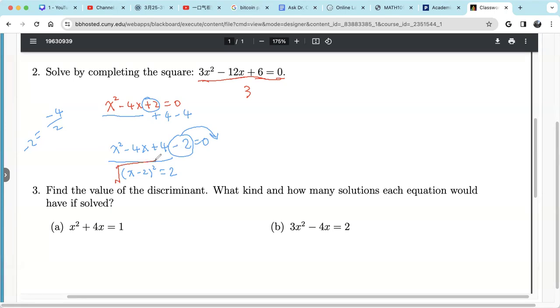So we get x - 2 equals ± square root of 2. Move -2 to the right-hand side. We get x equals 2 ± square root 2. So we get 2 irrational solutions, 2 plus radical 2 and 2 minus radical 2.